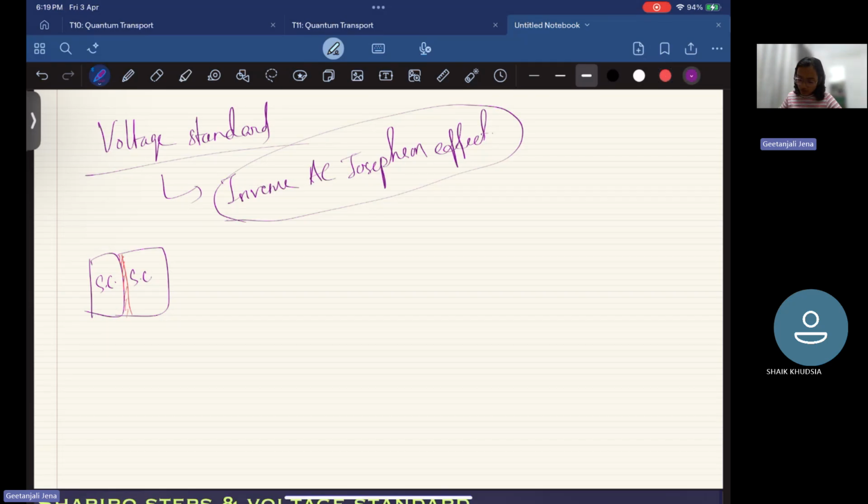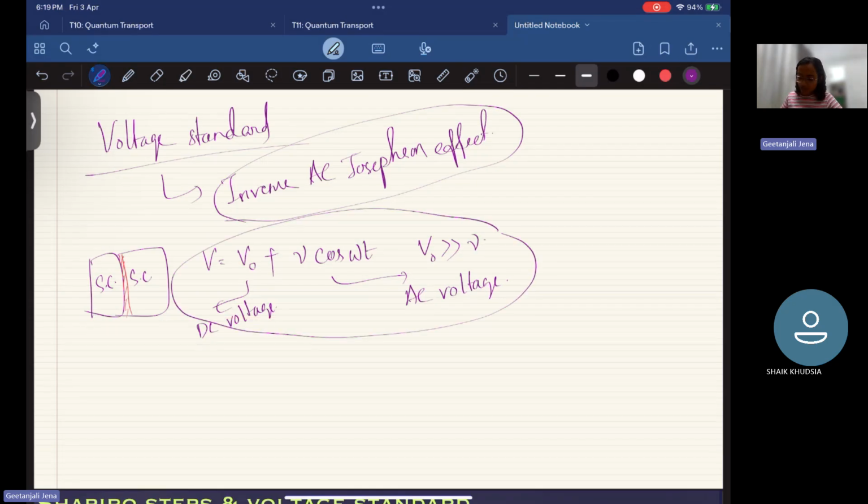For this Josephson junction, if we apply a DC voltage as well as an AC voltage, V0 plus V1 cos omega t, where this is the DC voltage and this is the AC voltage, and we have the condition that V0 is much greater than V1.